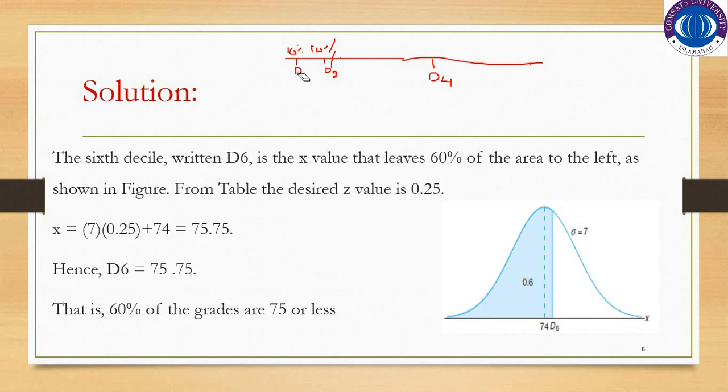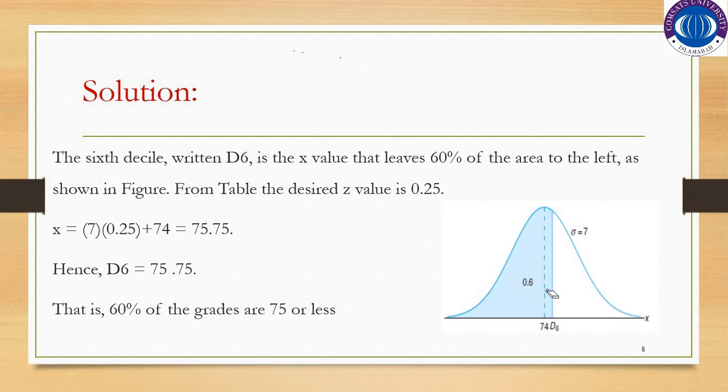So by using this concept of decile, we will sketch it on the graph of the normal curve. The mean is 74, and up to the mean is 50% of the area, below the mean is 50%, above the mean is also 50%.